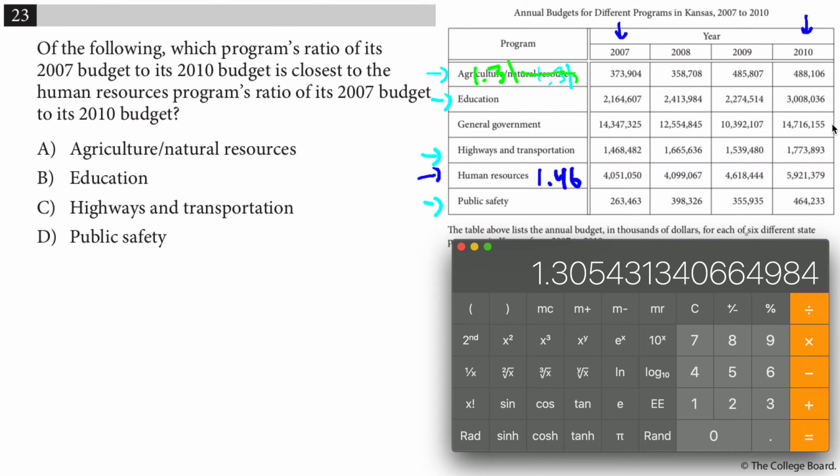So I'll try to divide 3 million by 2 million. So 3,008,036. I guess that really wouldn't have mattered in numbers this large, but better safe than sorry. 2,164,607. And I get 1.39.